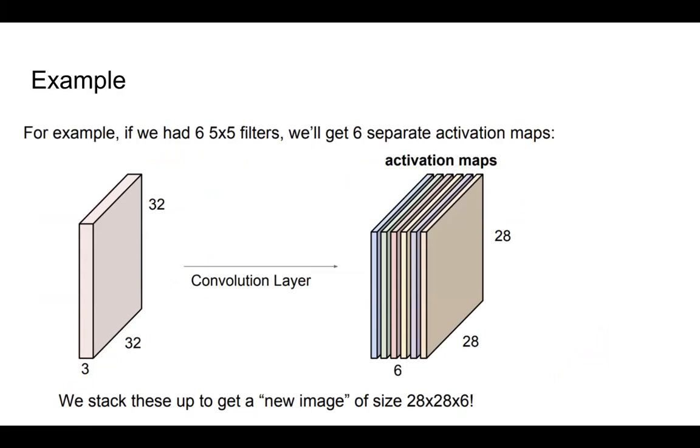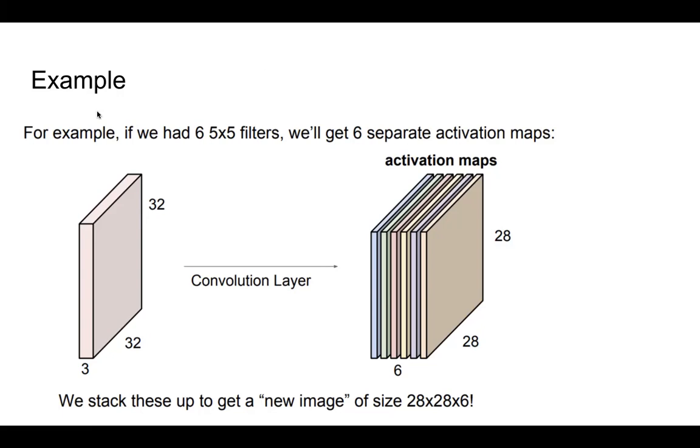So we say: take 6 filters, figure out which filter will work as which feature extractor, and give us 6 activation maps, 6 resultant images, which we'll use for classification.